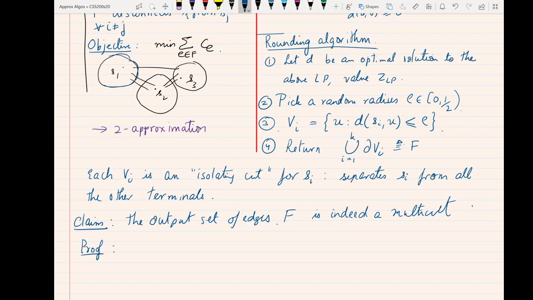So how do we see this? Well, notice that as I said, the random radius rho is between 0 and half, right? So the balls that you draw around each of the terminals are of radius at most half, which means that the diameter of every ball that we output, every Vi, that is the largest distance between any two points in Vi, is in fact strictly less than 1.